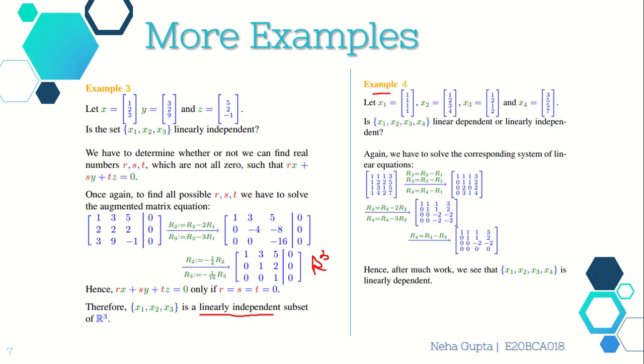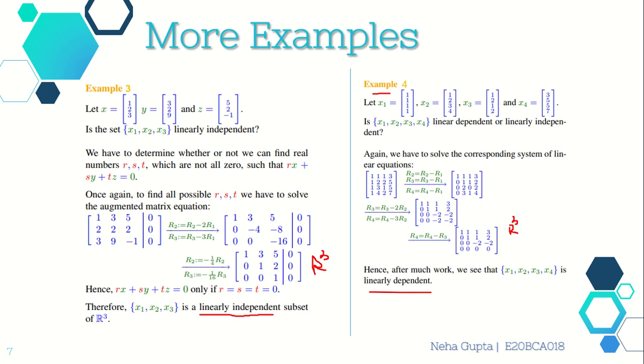As we can see, there are four vectors present in the span, but the rank will be 3. Hence we can say it is linearly dependent, because the rank is less than the number of vectors present in the span.